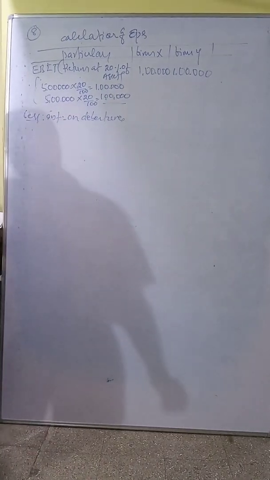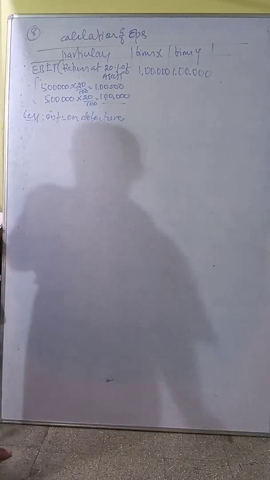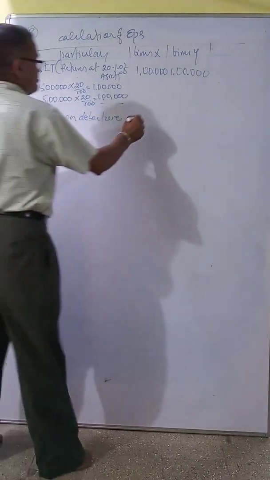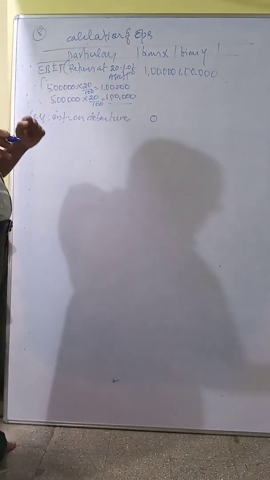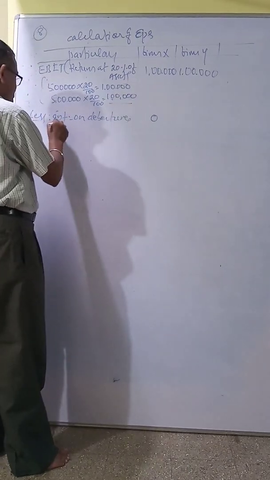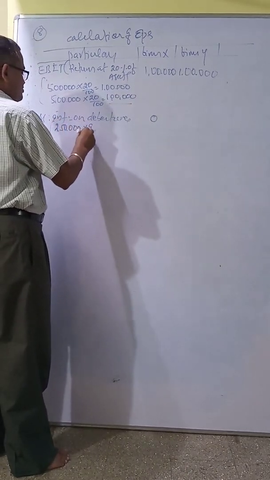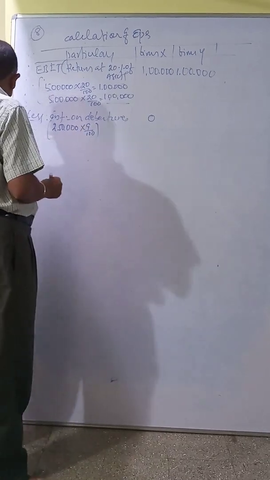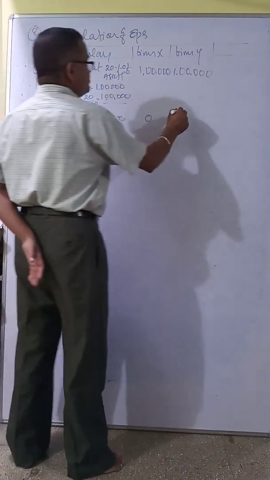See the question: debt for X is 0, they will not raise funds by paying interest through debentures. Second is 2,50,000 into 9% interest, divided by 100, you get 22,500.